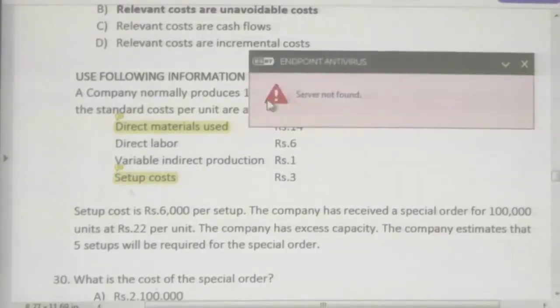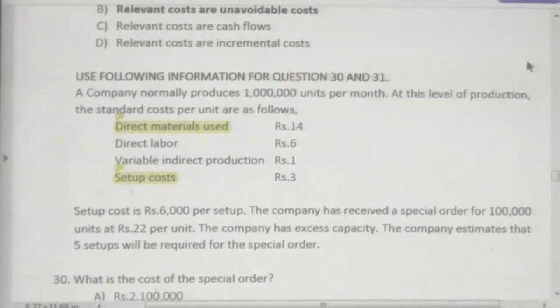The company has received a special order for 100,000 units at 22 rupees per unit. You can supply 100,000 units at 22 rupees per unit. The company has excess capacity. That means they can produce without incurring additional fixed cost. This is very important.